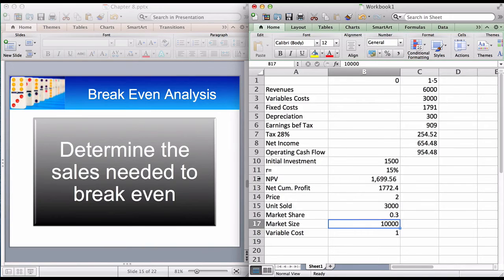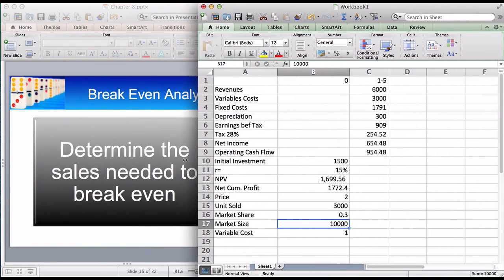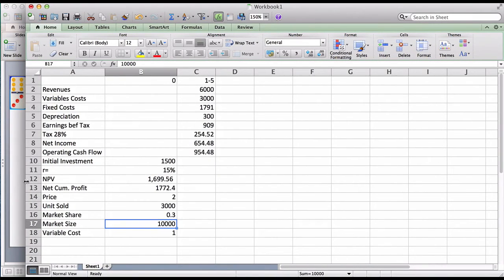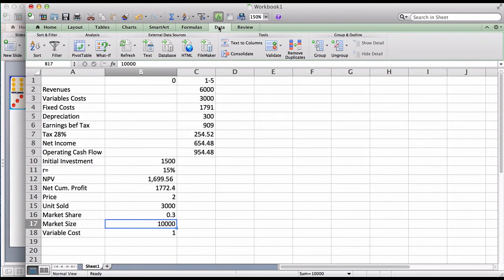Now, what we want to do is find the break-even point, and I'm going to expand this and show you some techniques here. Now, I'm using a Mac, but it's the same thing on a PC, just slightly different places. So what we're going to do is use GoalSeek.